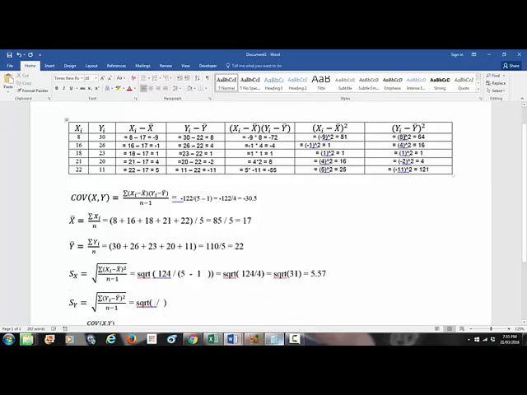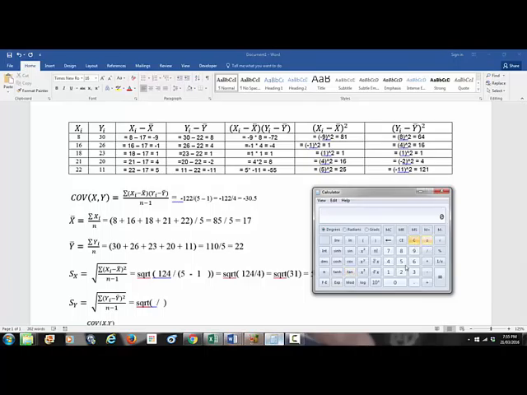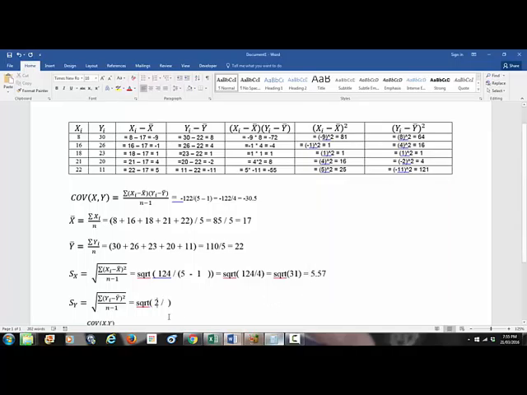So again, the first thing we need to do is take the sum of this column. So that becomes 64 plus 16 plus 1 plus 4 plus 121. Okay, so that becomes the square root of 206 divided by, again, 5 minus 1.